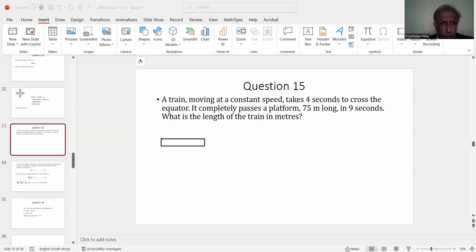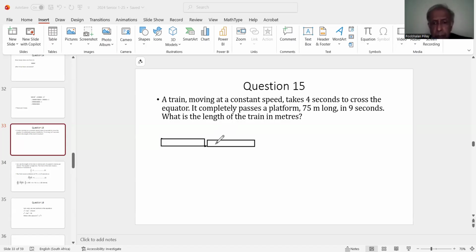So the equator is a single line here. To cross this equator, the same train will be on the other side. Right. Now it takes 4 seconds to do that.